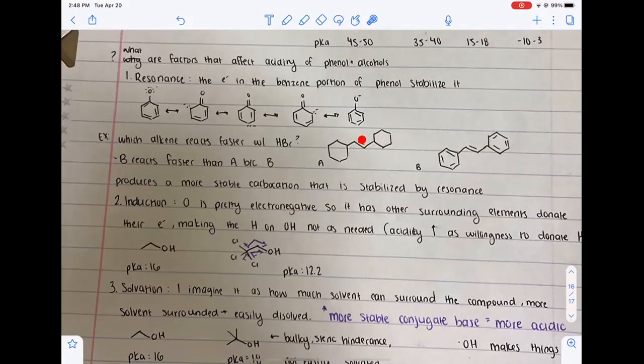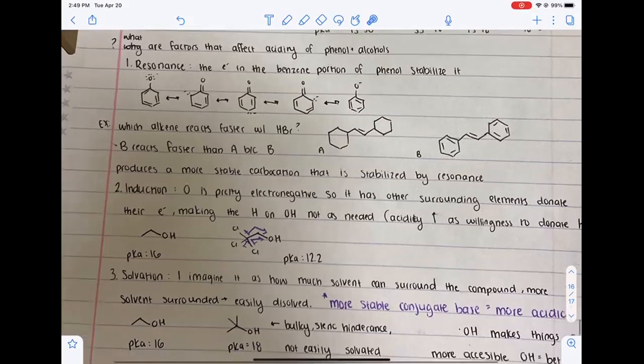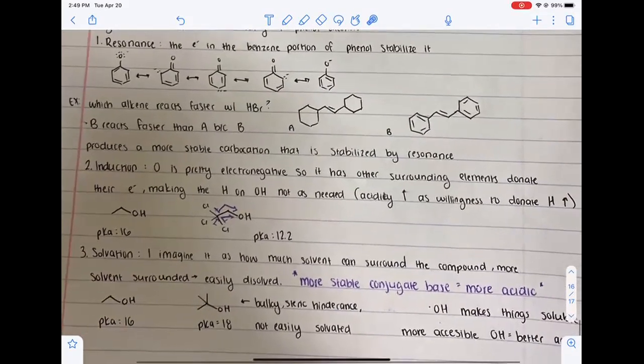So we have just this one ring right there, or we have these two benzene rings, and we can see that with the conjugation, if the HBr were to come into any of these and then create our carbocation intermediate, then it would be more stabilized in B, because the other electrons would be able to move towards it and still stabilize one another. So I think that's super fun and exciting.